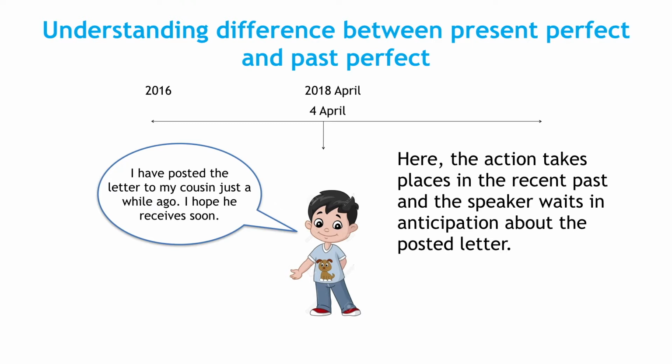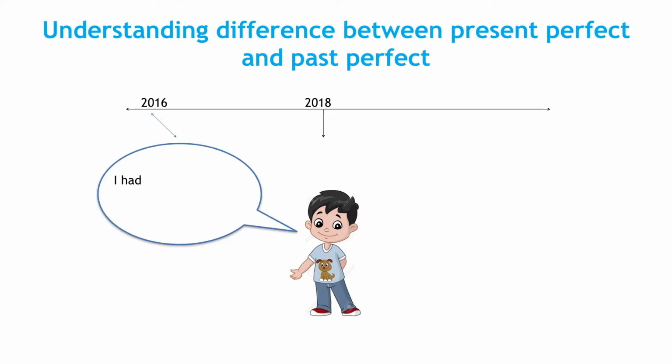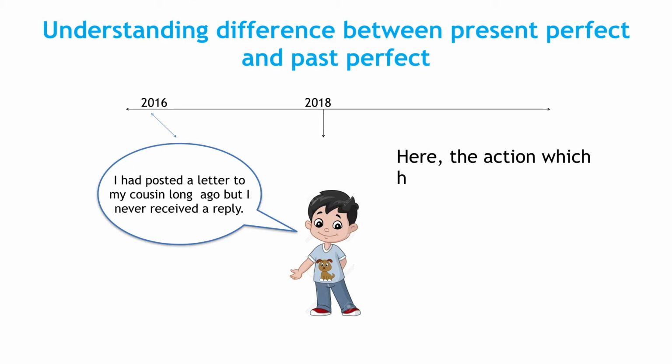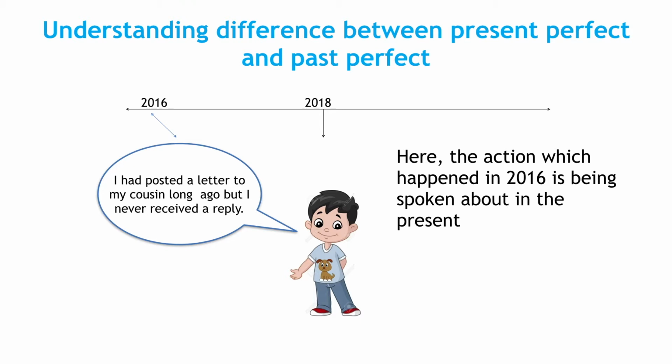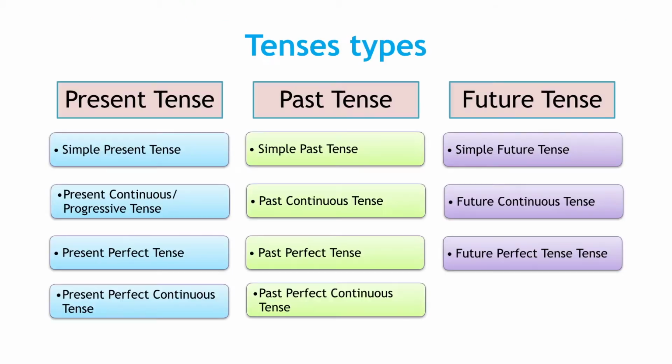In 2018, Srisal says, "I had posted a letter to my cousin long ago, but I never received a reply." Here, the action which happened in 2016 is being spoken about in the present time. The action took place in the distant past.